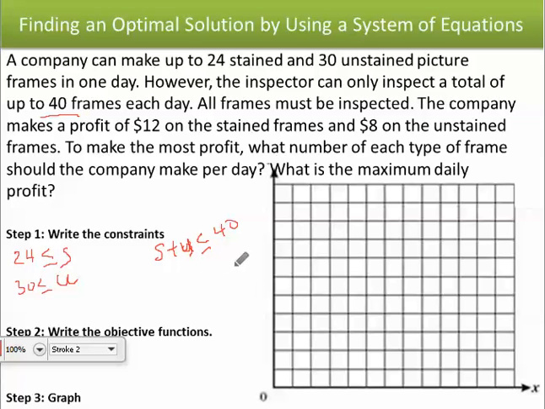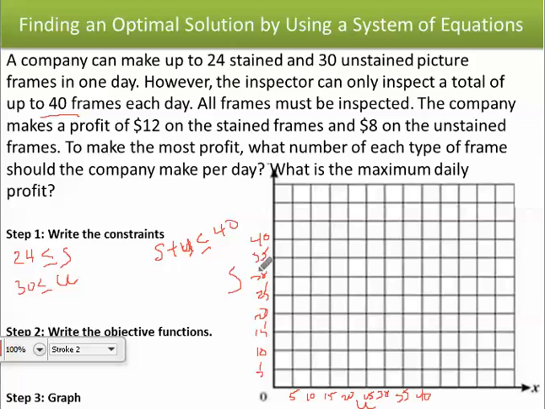So if we make this one over here the stained and this one the unstained down here, so count by fives, 5, 10, 15, 20, 25, 30, 35, 40, going up this way, 5, 10, 15, 20, 25, 30, 35, 40.